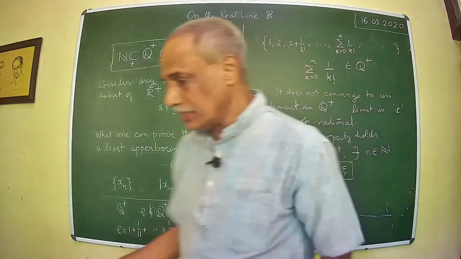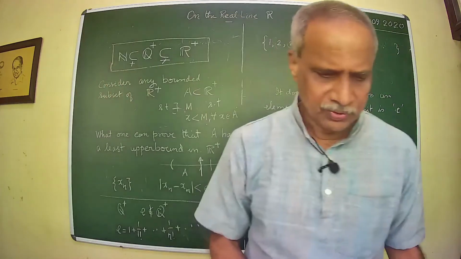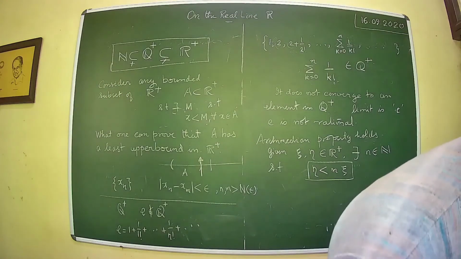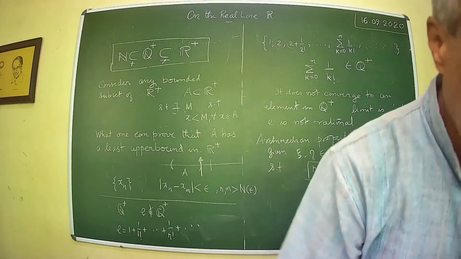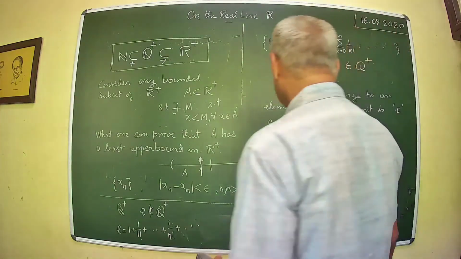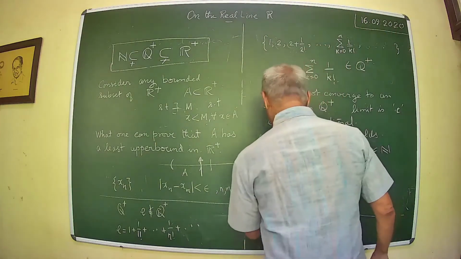You can see this is a lot of work involved if you want to really do this, and several lectures are required, as I was telling. But I am just giving you a feel of what exactly R plus is.